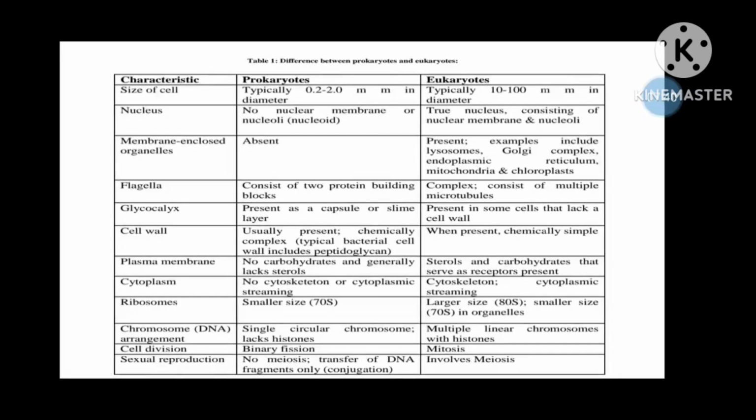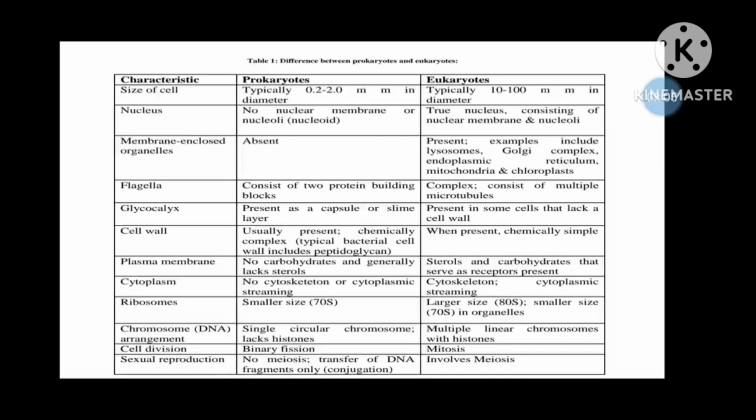So the first difference between prokaryotic cells and eukaryotic cells is the size of the cell. A typical prokaryotic cell's size is 0.2 to 2 micrometer in diameter, but a eukaryotic cell is 10 to 100 micrometer in diameter.